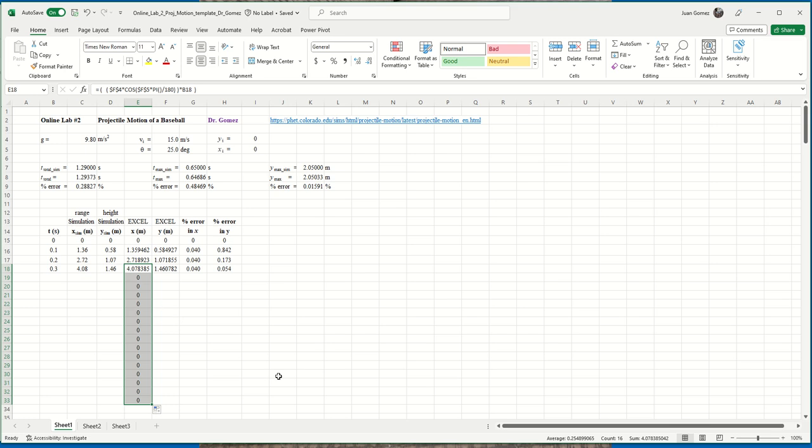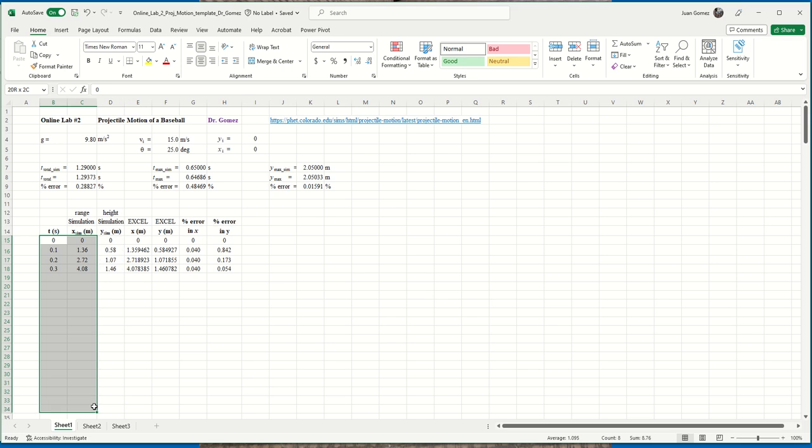It'll update itself automatically. And likewise for the percent error. Once you fill out these first three columns, click here, and when you get the crosshair, just drag them down, and then you're done. And that's how you complete sheet one.